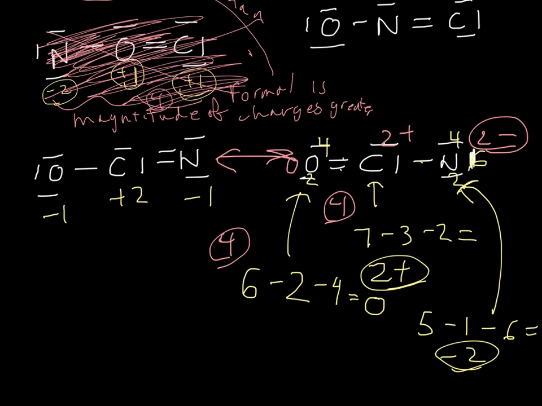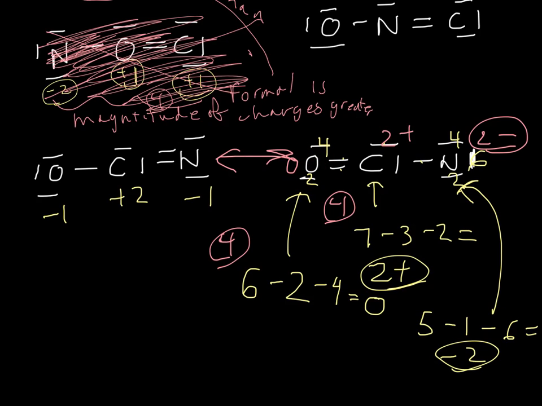If we look at our structures, we have one structure where nitrogen has a -2 and oxygen has a 0. In this Lewis structure, oxygen's a 0, nitrogen's a -2. Who's more electronegative? Oxygen or nitrogen? Oxygen, right? Oxygen's the second most electronegative element after fluorine.